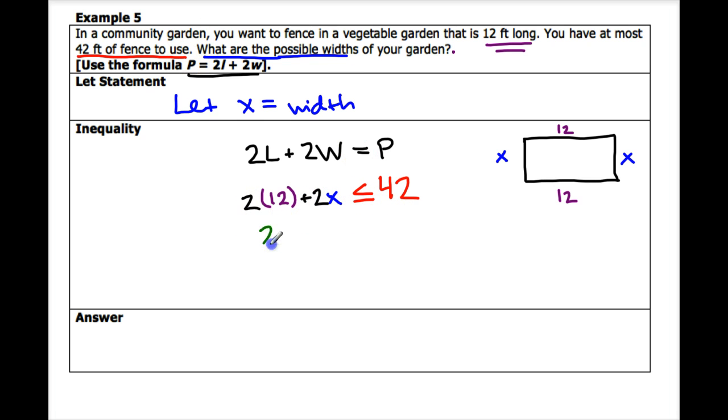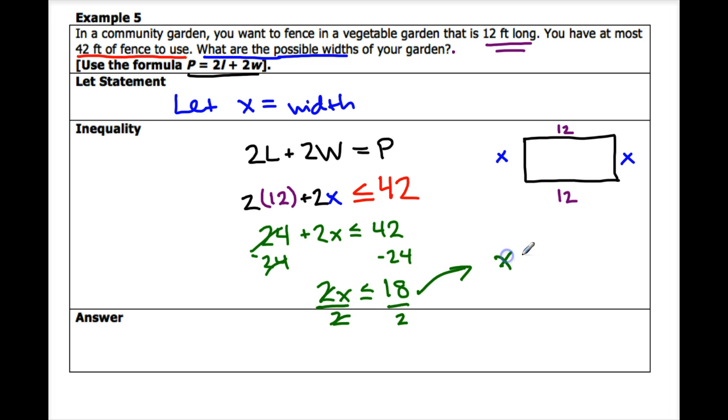So 2 times 12 I know is 24. From there, I'll need to subtract 24 from both sides. That gives me 2x is less than or equal to 18. And then finally, I'll need to divide both sides by 2 to figure out x, and I end up getting x is less than or equal to 9.